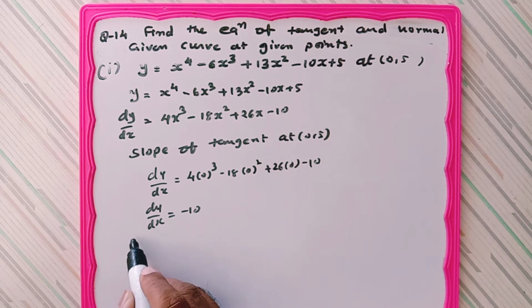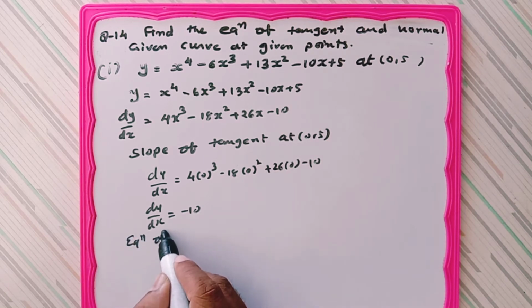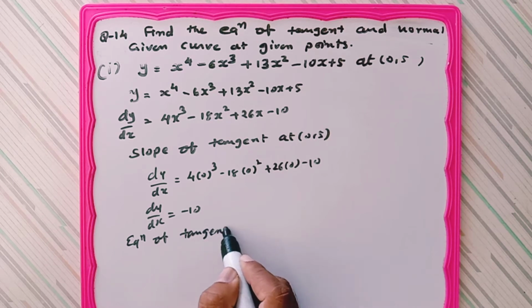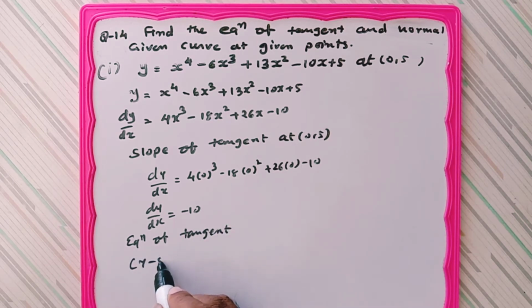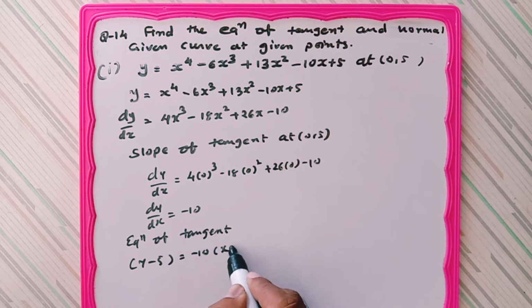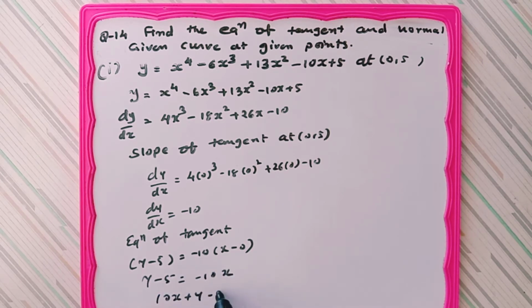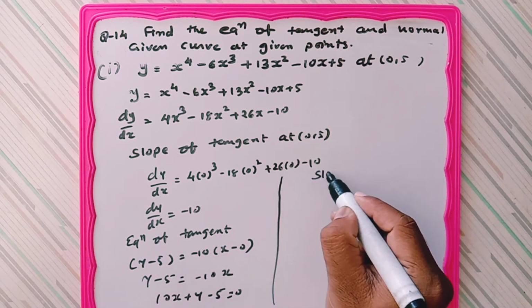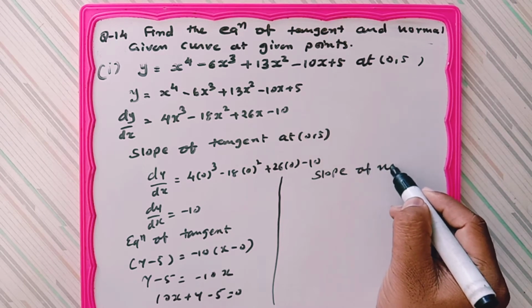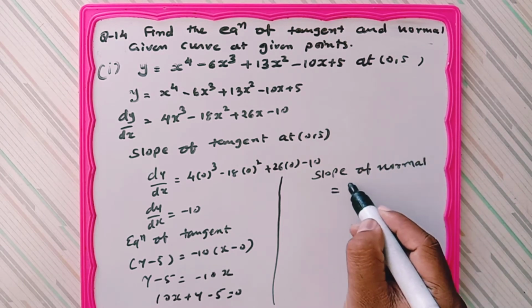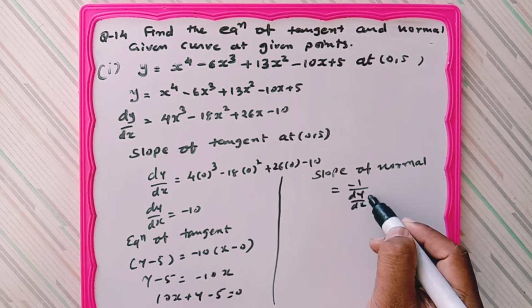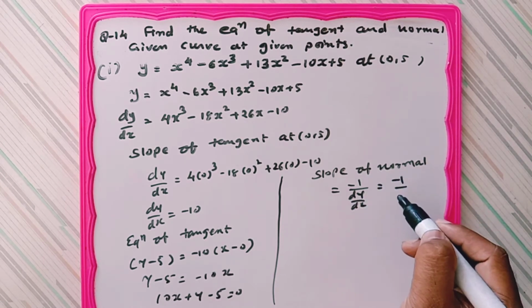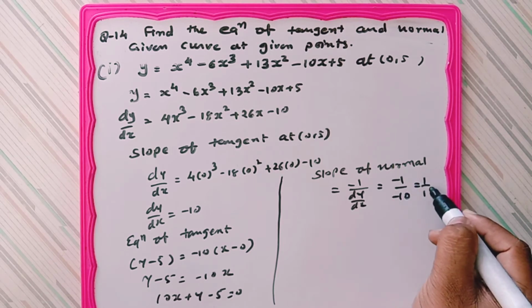And so the equation of the tangent is y minus 5 equals minus 10 (x minus 0). And so y minus 5 equals minus 10x. So 10x plus y minus 5 equals 0. Now the slope of the normal equals minus 1 upon dy by dx, and so minus 1 upon minus 10 equals 1 by 10.